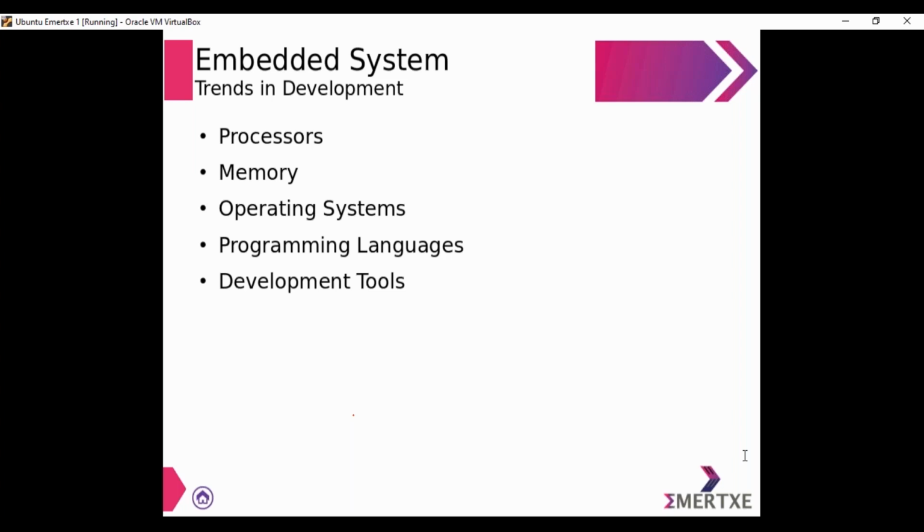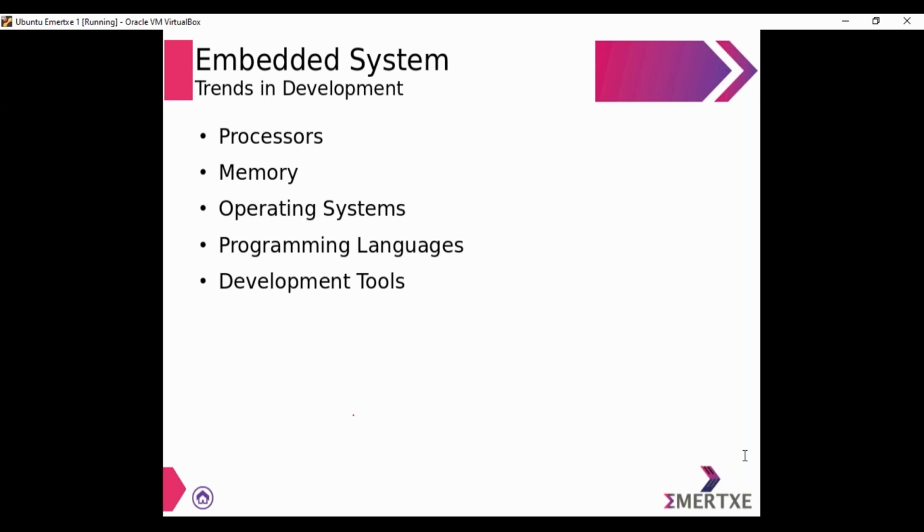I was talking about the processors. Processors have so many trends these days. You can pick a processor having an ADC built in. You can pick a processor which will support Ethernet if required. You can pick a processor which supports image processing if required.